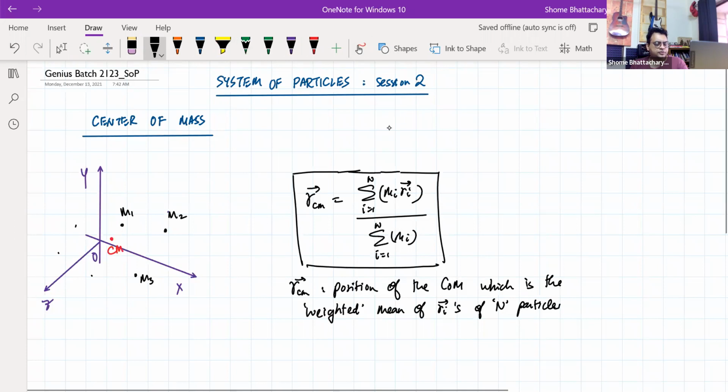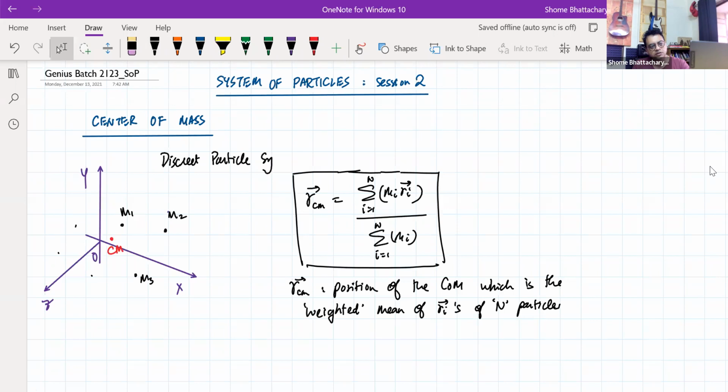Now today, eventually we'll move on to the position of center of mass of continuous mass distributions. This is for discrete particle systems, and when we come to continuous mass systems, we will see that there is application of integration.